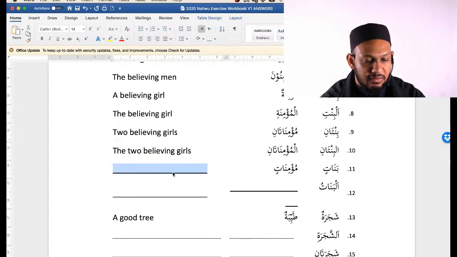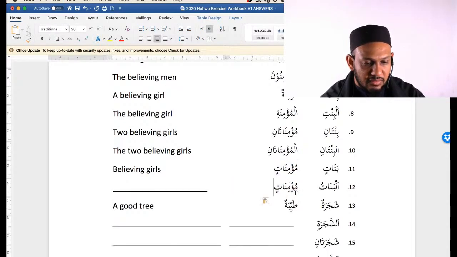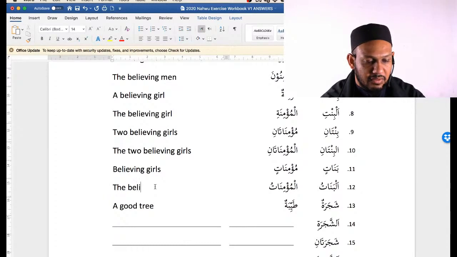And that's going to be believing girls. And the last one here, al-banatu will become al-mu'minatu, which will become the believing girls.